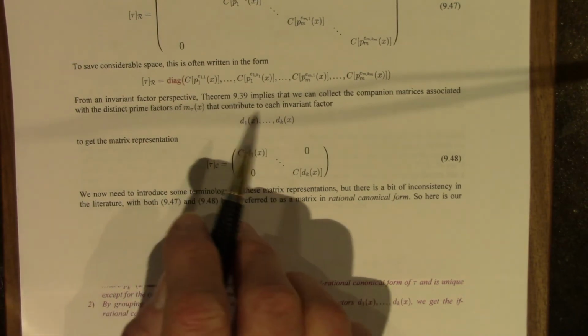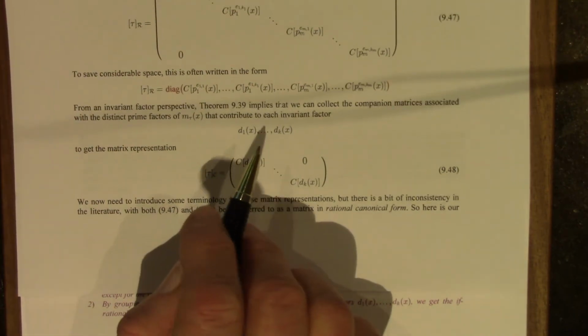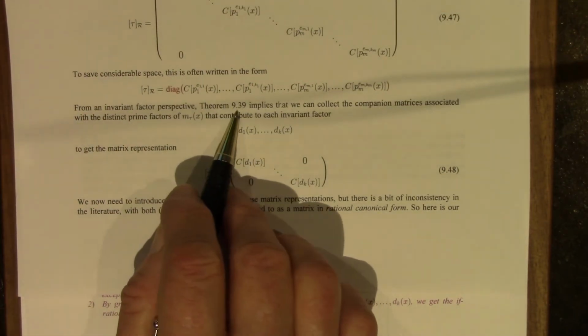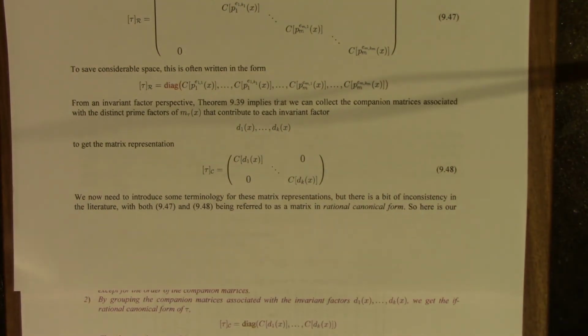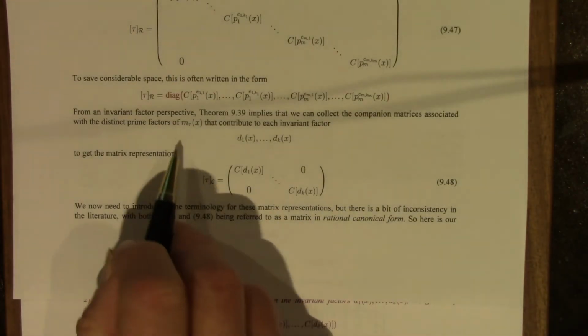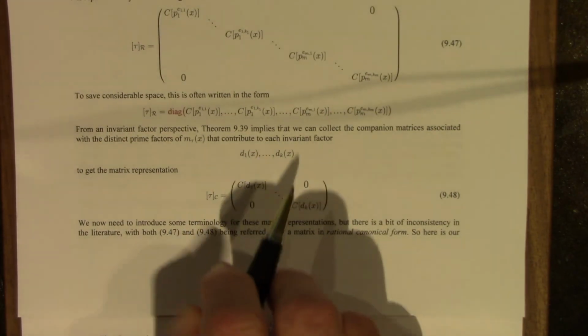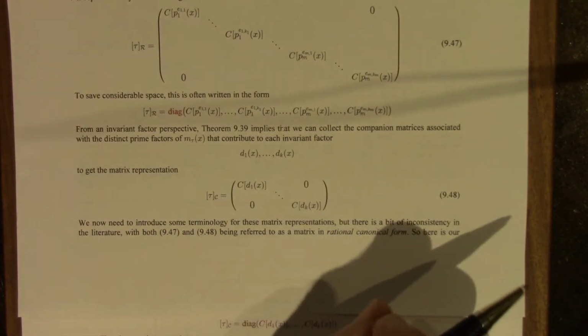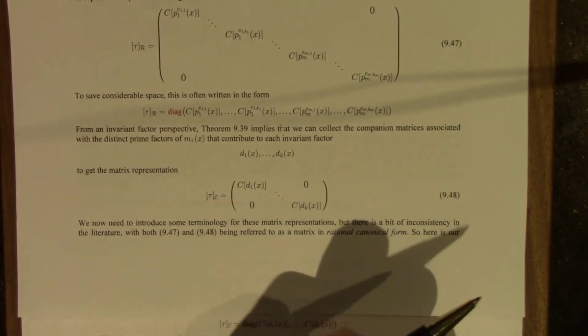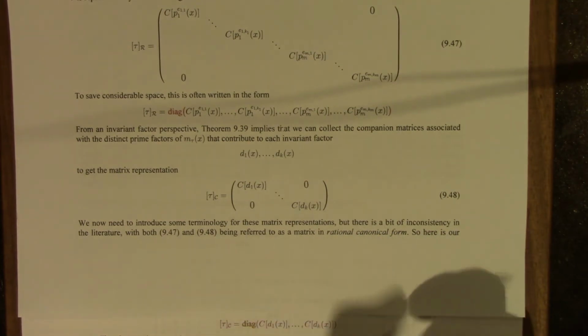From an invariant factor point of view, Theorem 939 implies that we can collect the companion matrices associated with distinct prime factors of the minimal polynomial. So we can collect the companion matrices that are associated with the elementary divisors.